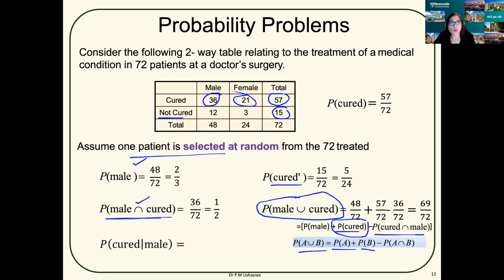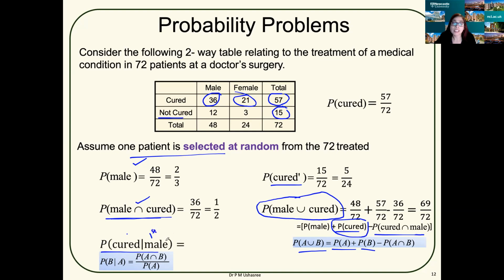Now the last one, be careful, this is conditional probability, so use the formula. Then you can substitute. You already found P of A intersection B, male intersection cured. What is the first event here? You have picked a male patient.